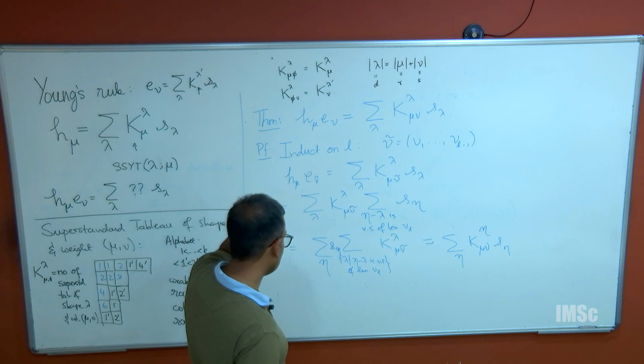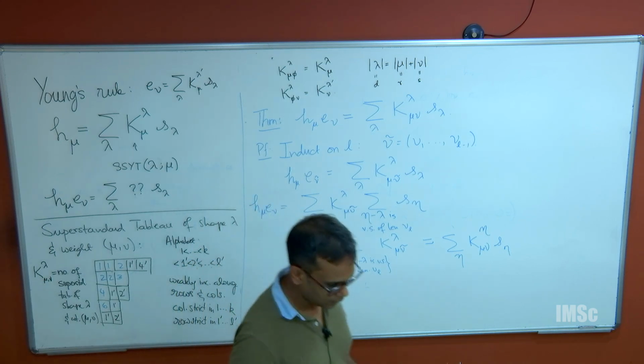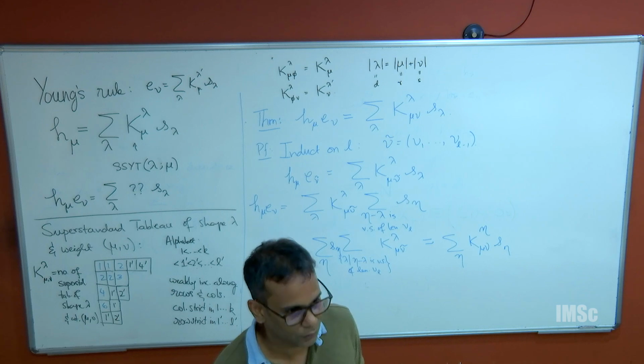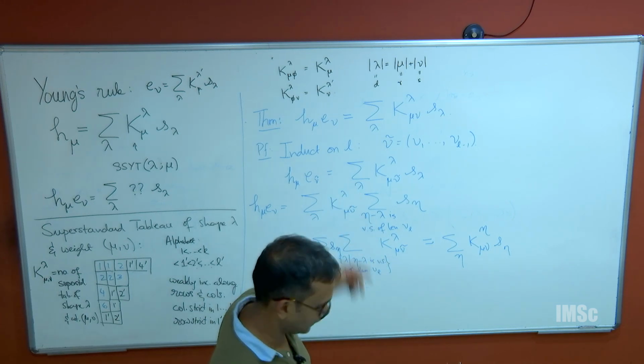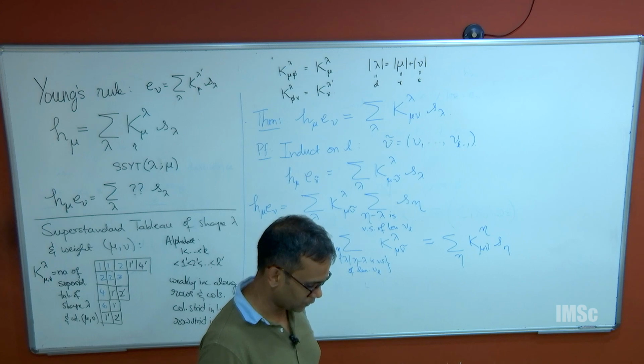So that's the proof. Of course the base case is when ν is empty, it's already stated there. So that's one way of thinking about this.